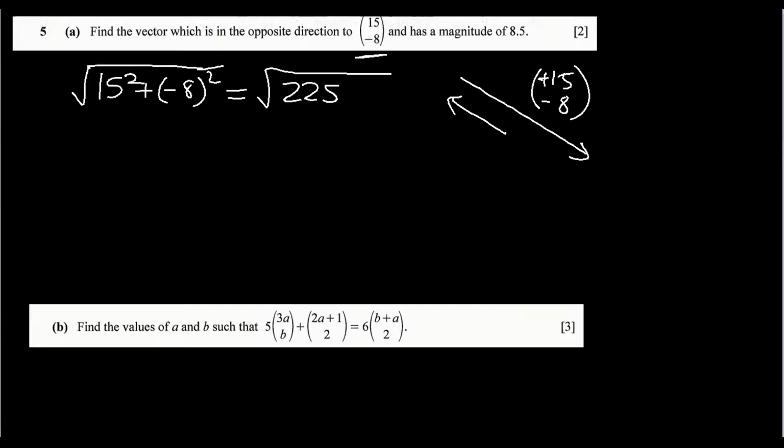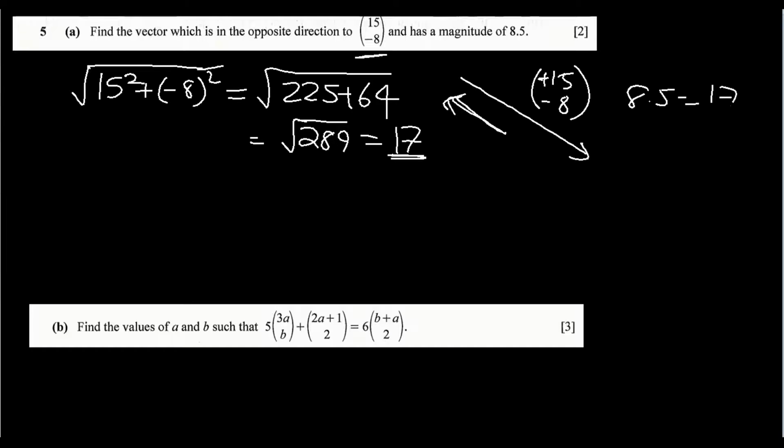All right. So first let's find the magnitude of the main vector (15, -8). This is how we find the magnitude. So it will be 225 plus 64, which is 289, which will in turn be equal to 17 units. The magnitude of this is exactly half of 17 because 8.5 is 17 divided by 2.